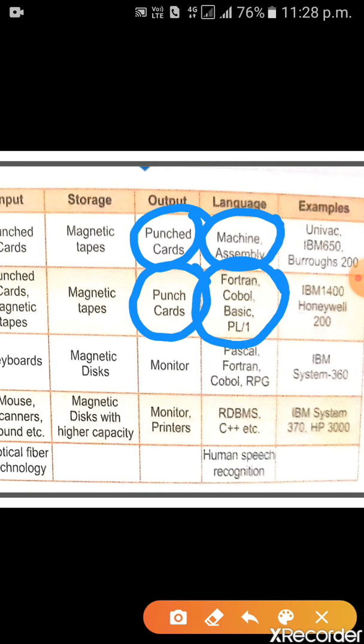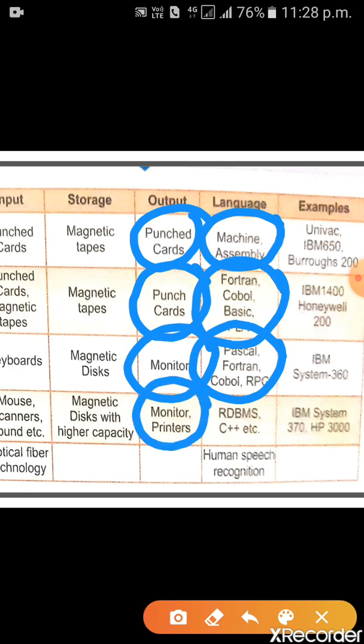In the third generation of computer, the monitor was used, and Pascal, Fortran, COBOL and RPG languages were used. In the fourth generation of computer, monitors and printers are used as output, and RDBMS and C++ etc. are used. And in the fifth generation of computer, human speech recognition will be used as a language.